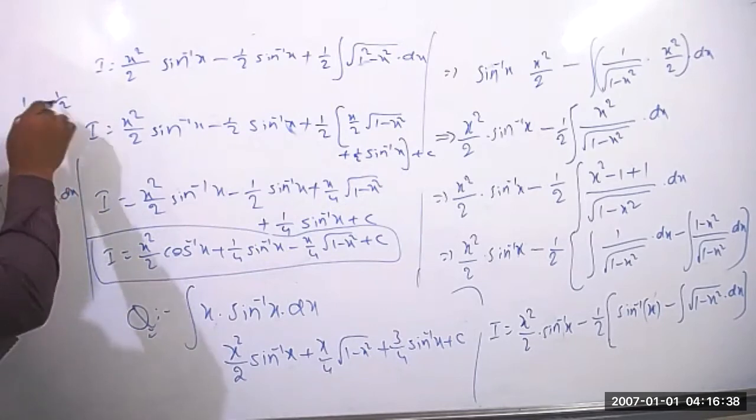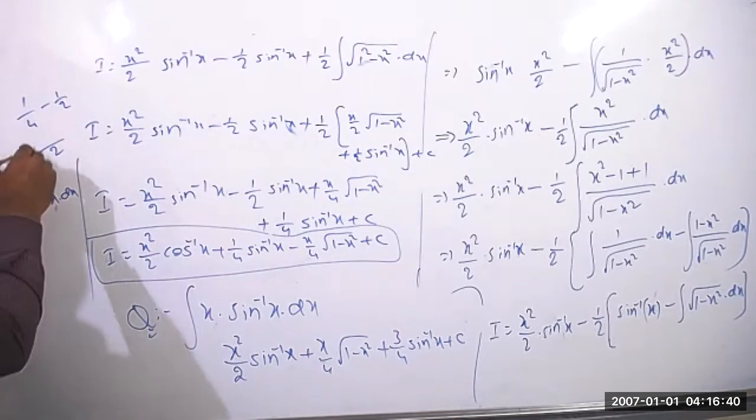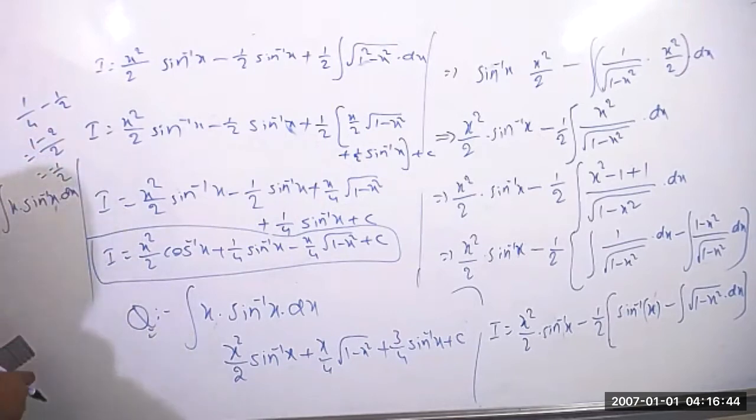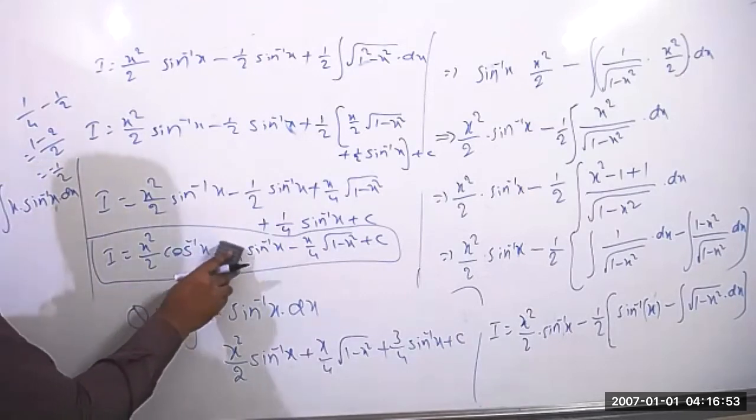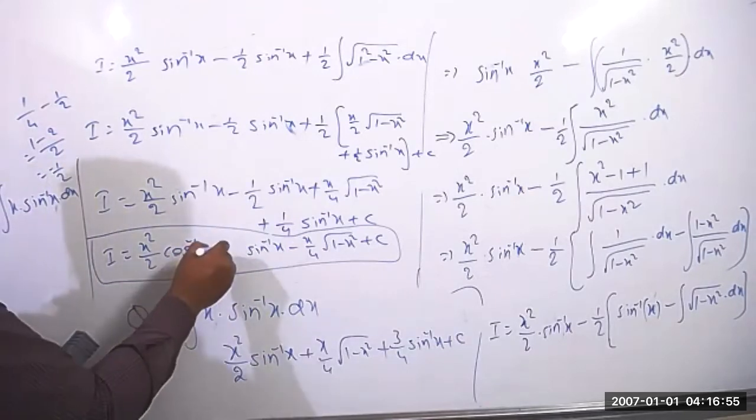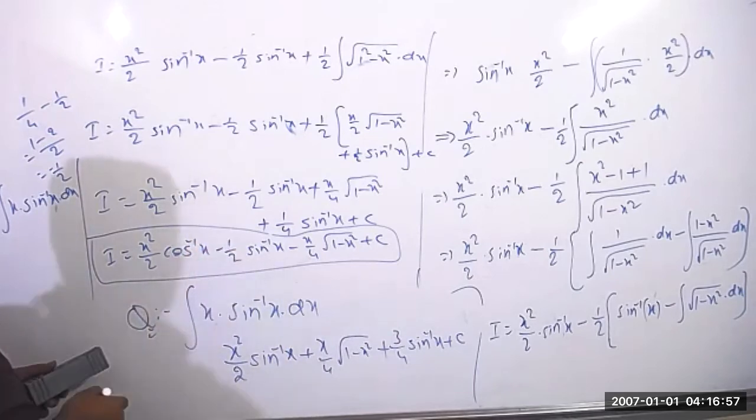Now we can add both of them, 1 by 4 minus 1 by 2. 2 LCM here. So 1 minus 2. I think you got minus 1 by 2, correct? Sir, I'm getting minus 1 by 2 into sin inverse x.